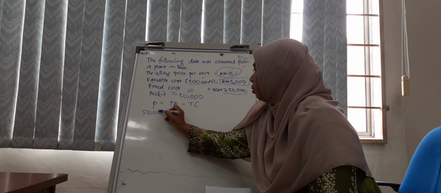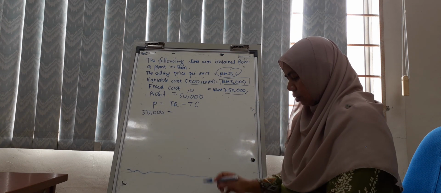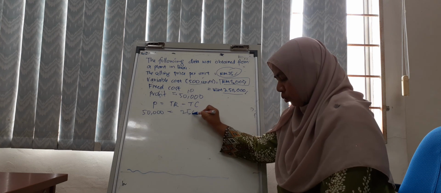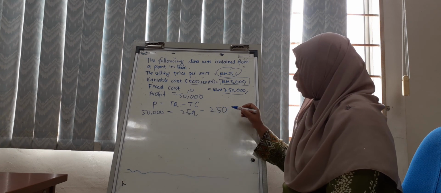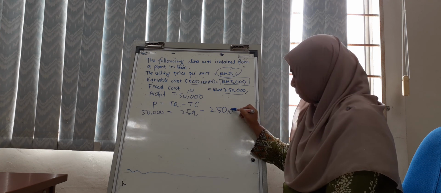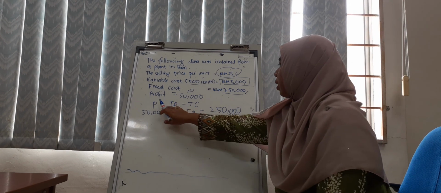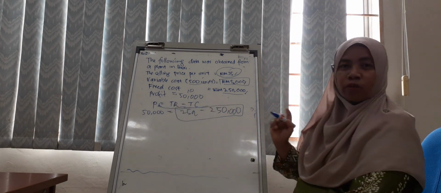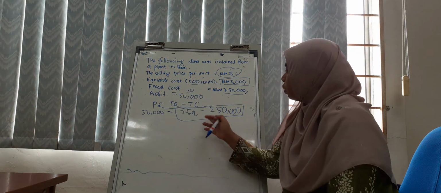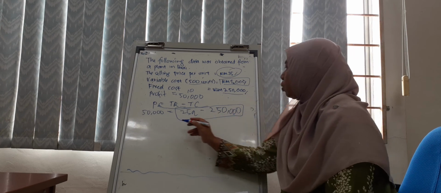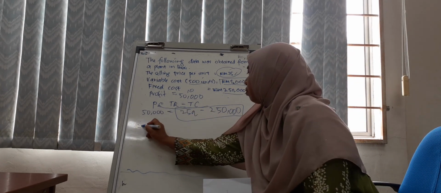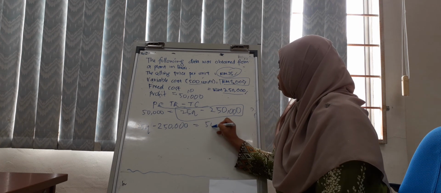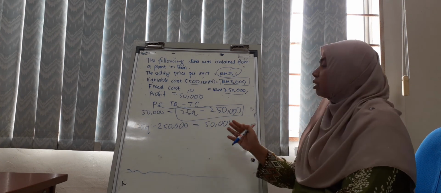So 50,000 equals 25Q minus 250,000. We already got this from the profit function before. Just rearrange it for easier viewing.